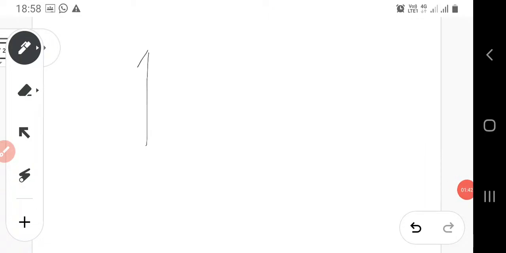If any shape takes 90-degree turn, suppose here this arrow turns clockwise in this way, then the angle will be 90-degree.